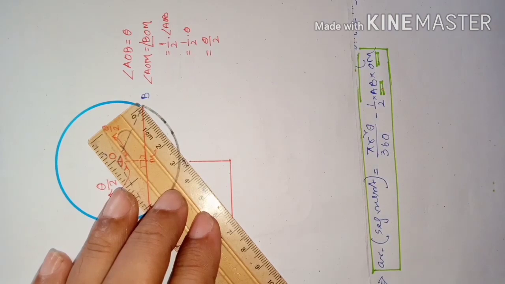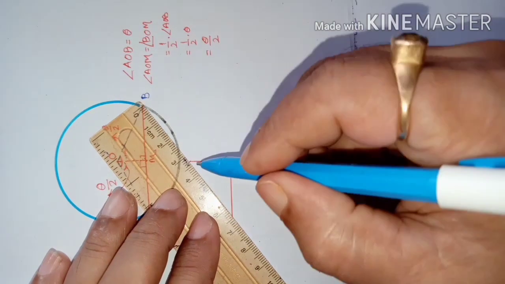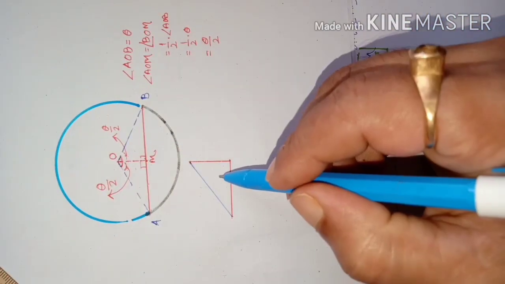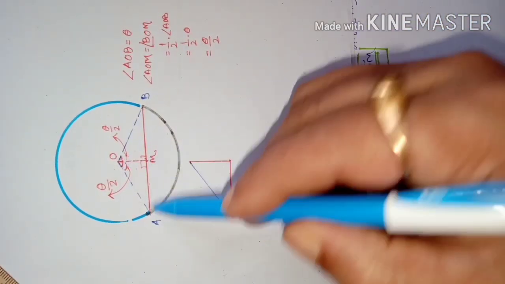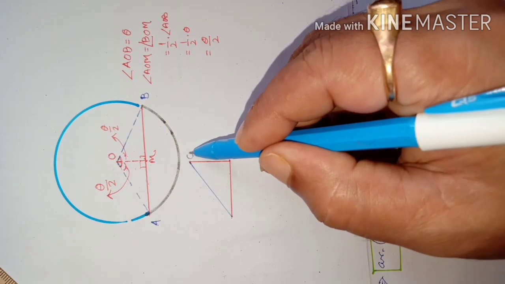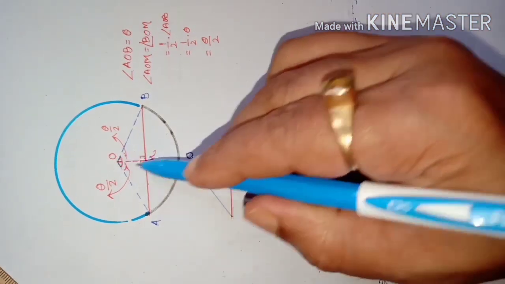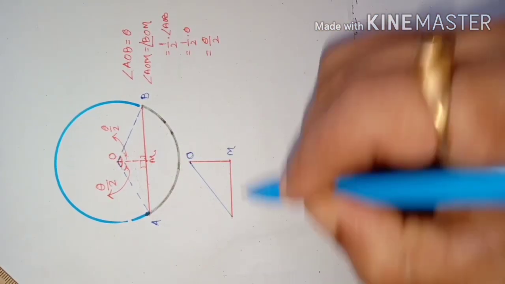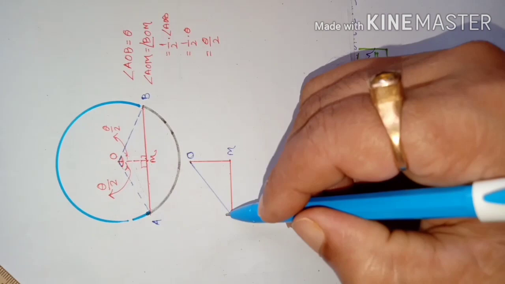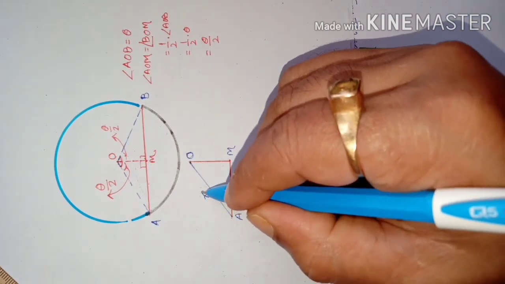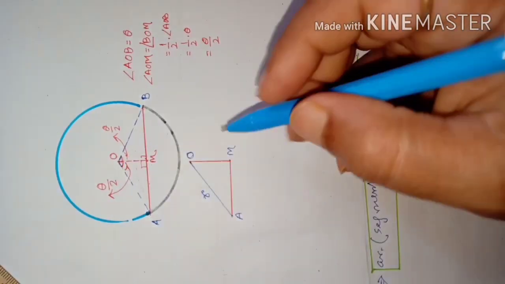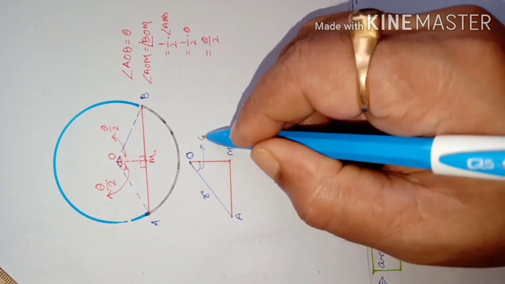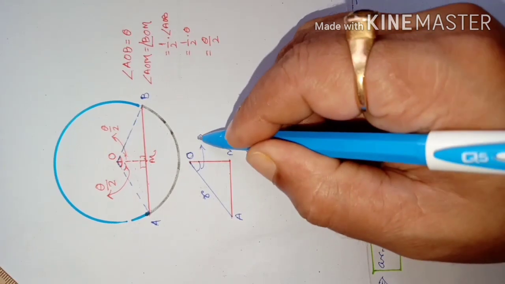And this is OA. It is a replica of triangle OMA, a duplicate that we have taken here. Here is O, OM, and this is A. What is its length? It is nothing but a radius. Now, what is the measure of this angle? This is theta by 2.